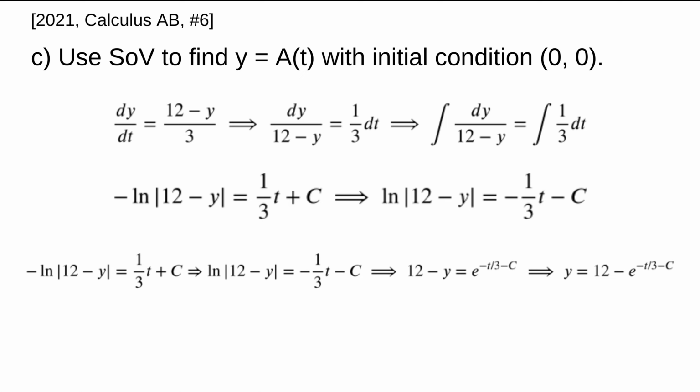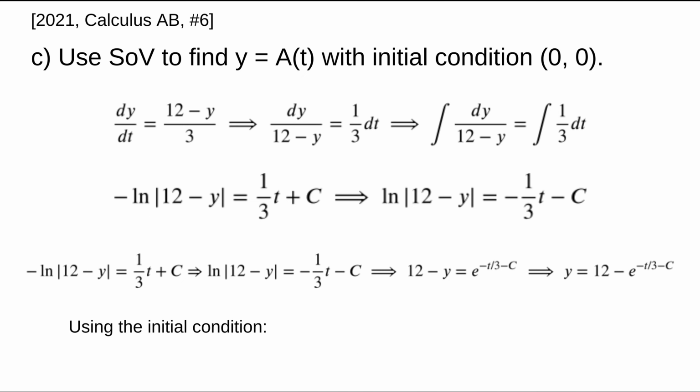Simplifying a bit more and using the initial condition, t is equal to 0 and y is equal to 0. Doing some exponentiation, 12 minus y is equal to e to the (negative t over 3 minus C), and so y is equal to 12 minus e to the (negative t over 3 minus C).